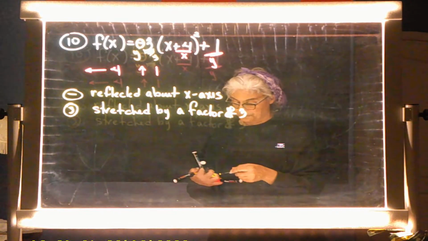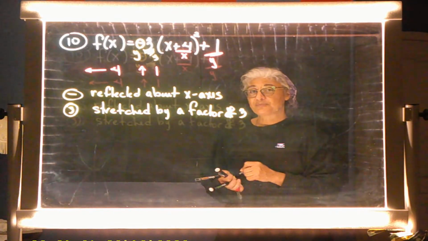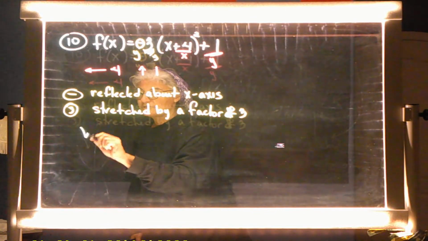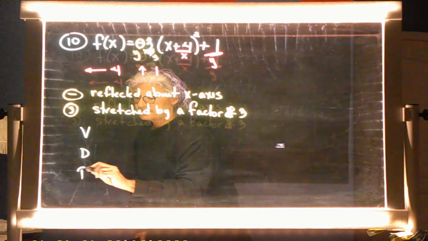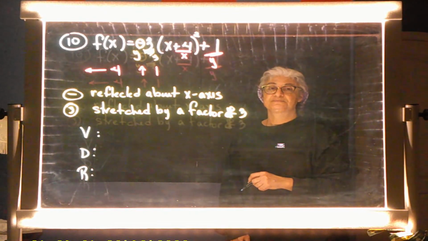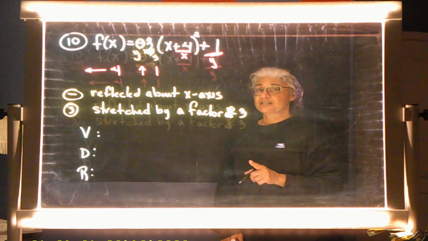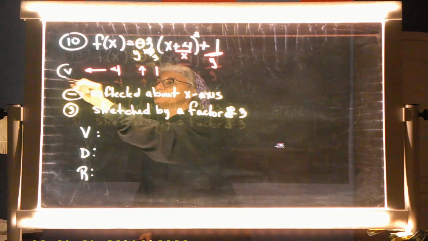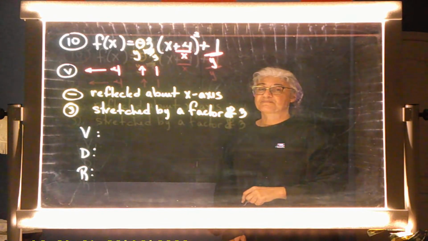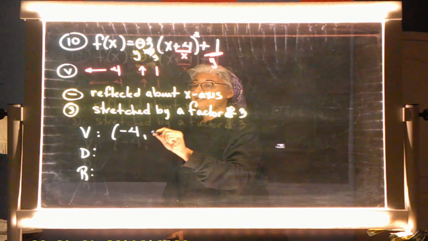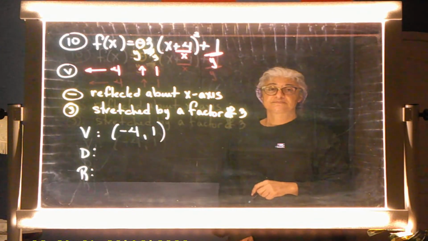So, I need you to think about this. I'm going to want the vertex, the domain, and the range. Vertex. Yes, this information tells me my vertex. My vertex says we're going left 4 and up 1.